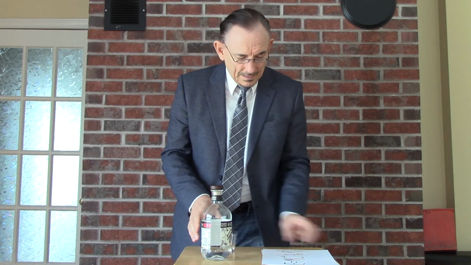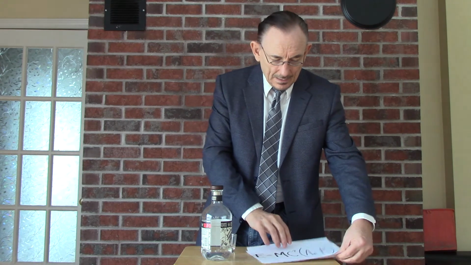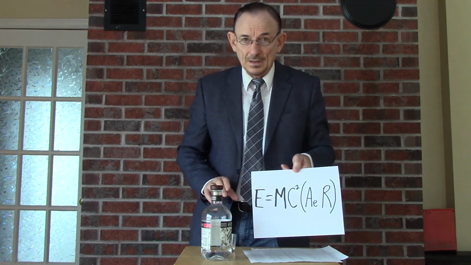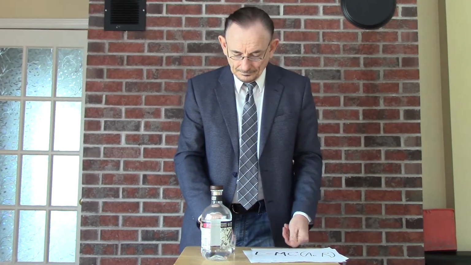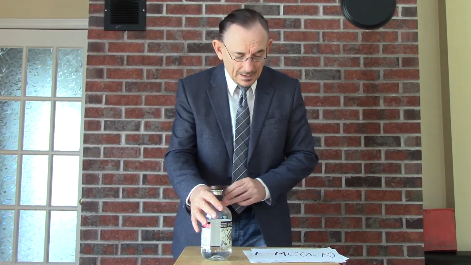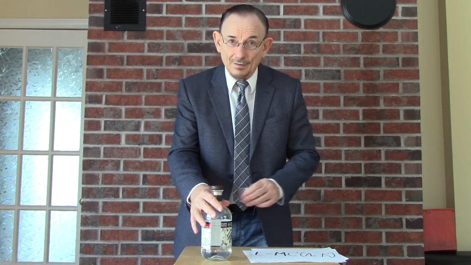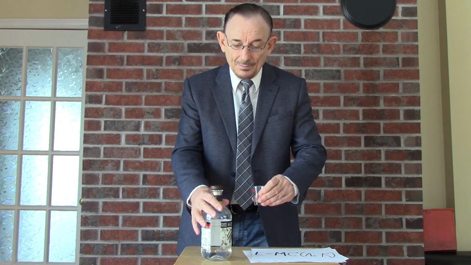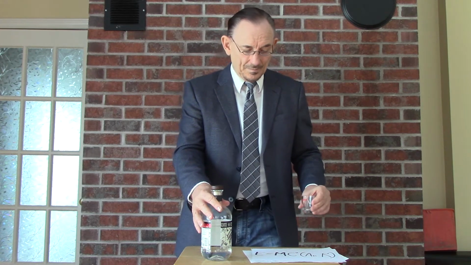So, AE, the effective area of a magnetic field, and R, resistance. The resistance, of course, is the resistance of the magnetic field against that electron traveling at close to the speed of light. When that happens, it strips it off.